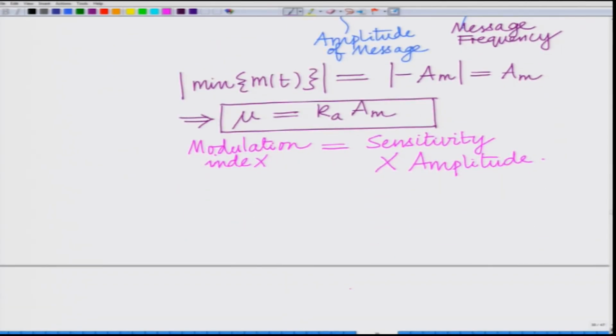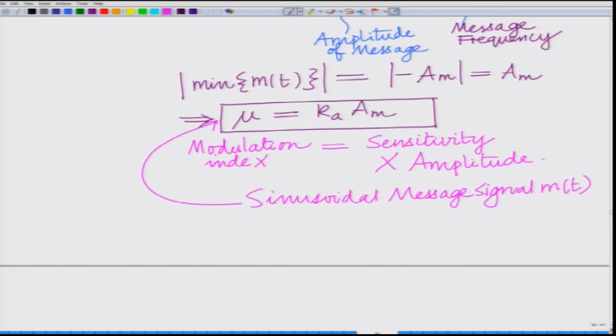However, it is important to remember this is only for a sinusoidal message signal mt. All right. So, the modulation index mu equals the sensitivity Ka times the amplitude Am.